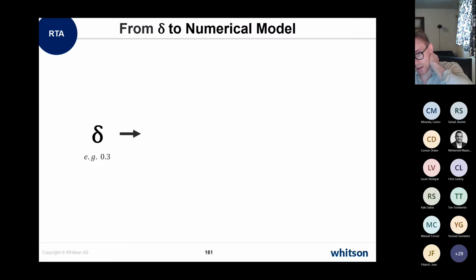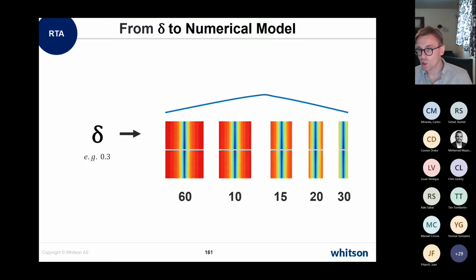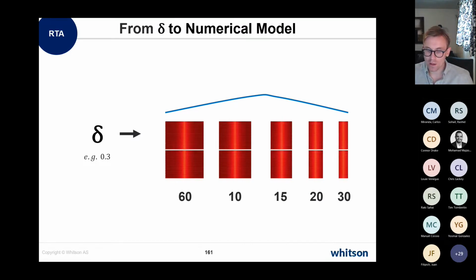So let's say I want to have a delta of 0.3, then Acuna provided us with a recipe, essentially, of how you could take symmetry element models and provide a distribution of those that collectively adds up to a performance with a delta of 0.3.